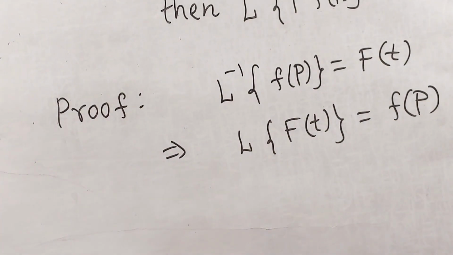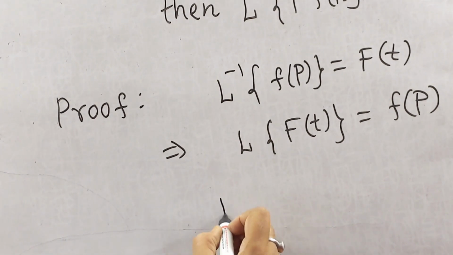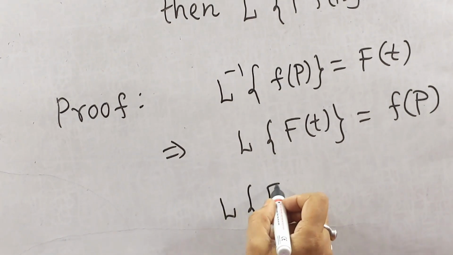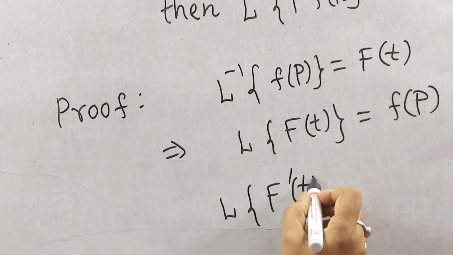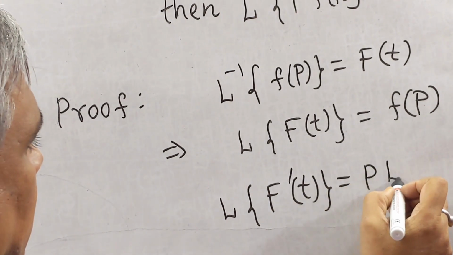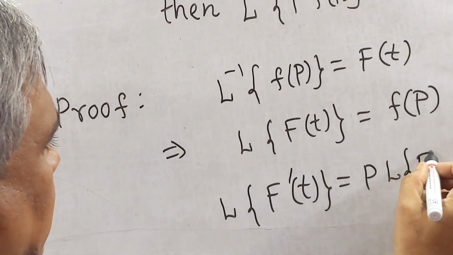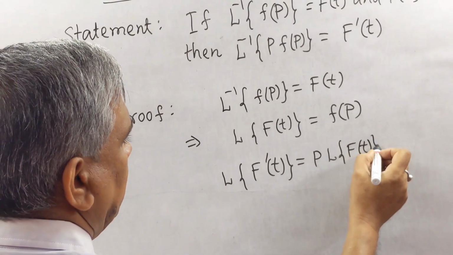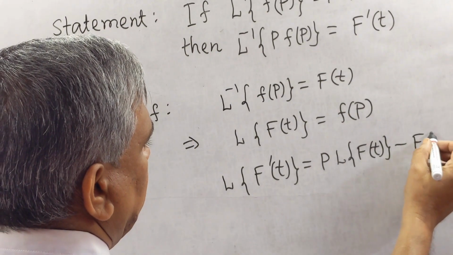We know that L{F dash t} equals p L{F(t)} minus F(0).